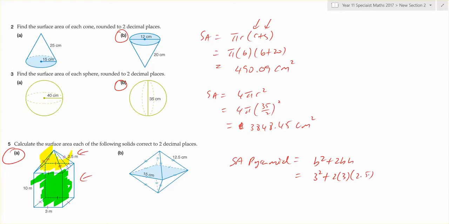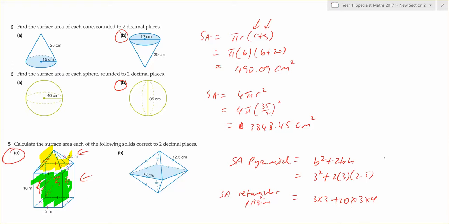I'm not going to calculate that yet because I want to do this all in one calculation. The surface area of the rectangular prism is given by 3 by 3, that's the bottom section, and then 10 by 3, and we've got 4 faces: front, back, side, side, and the bottom face.